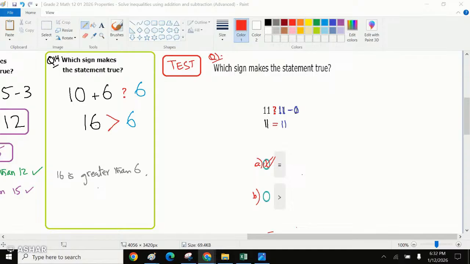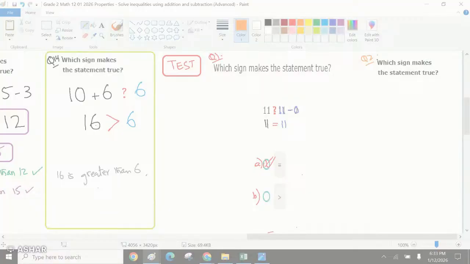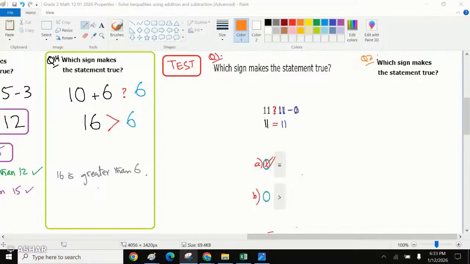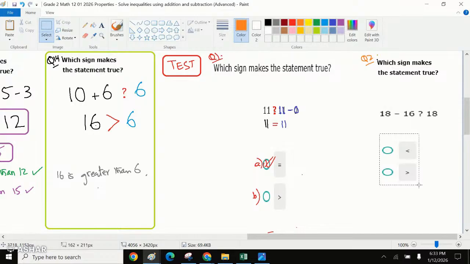So the next question we have is, which sign makes the statement true? That is question number 2. And the given options are, let me just copy them. Okay, these are the two given options we have.